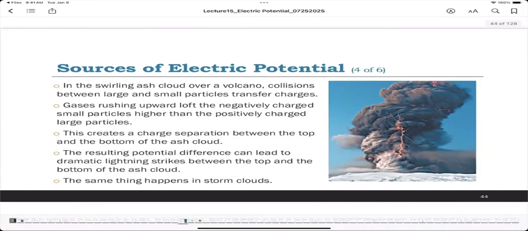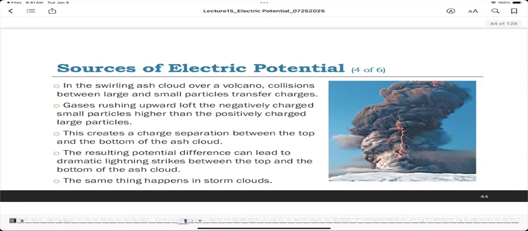In the swirling ash cloud over a volcano, collisions between large and small particles transfer charges. Gases rushing upward loft the negatively charged small particles higher than the positively charged large particles.